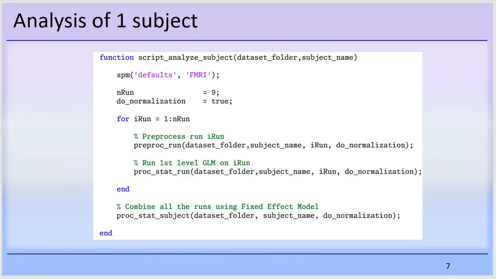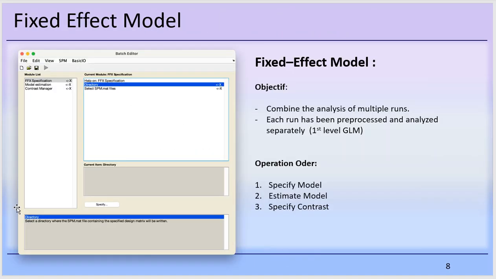Let's go back here. You use the same batch editor you already learned, and the process is also the same. There is nothing new here. You need to first create a directory. If you remember, we already learned to build a GLM directory when we learned about model specification.